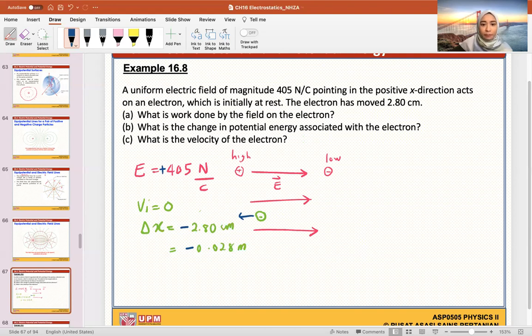What is the work done by the field on the electron? So this is the definition of work done that we have learned so far. What is the equation for this? W equals to the first one that we learned. What is it?